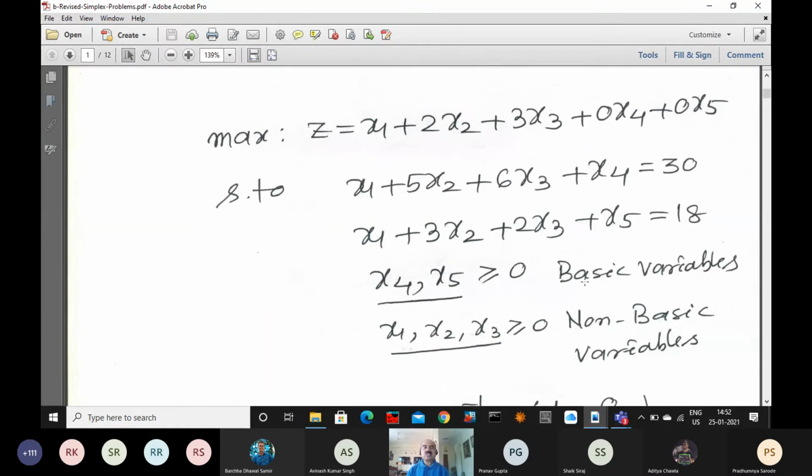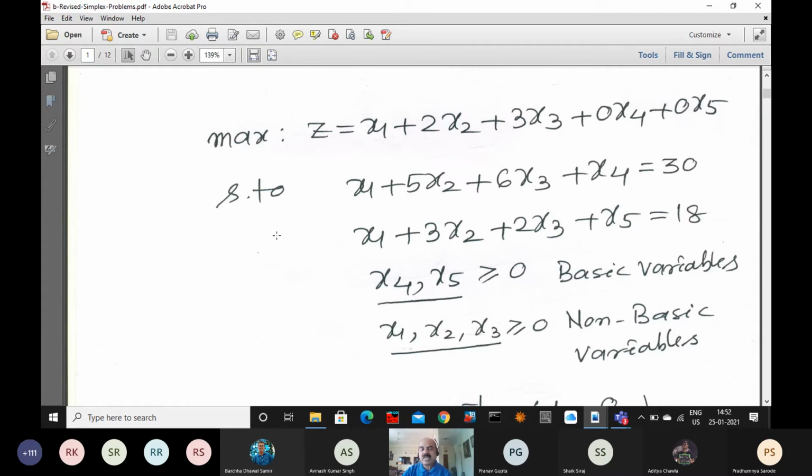Now, for your understanding, I am writing the objective function like this: maximize Z equal to x1 plus 2x2 plus 3x3 plus 0 times x4 plus 0 times x5. This is not required since its coefficient is 0, but if you write it there is no harm.